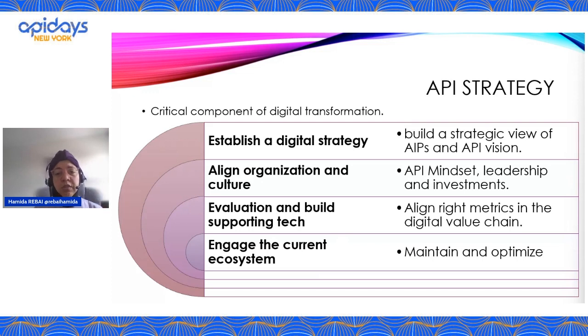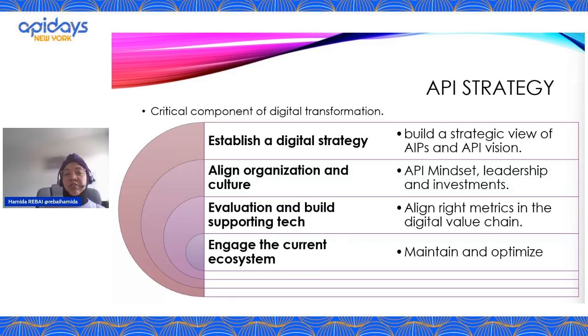In this case, we need to have the right metrics in the digital value chain. And we need to be engaged in the current ecosystem, which means that we need to maintain and optimize as you continue to use your updated application, monitor its performance and user feedback, and make ongoing updates and optimizations to improve its functionality and usability. So, this is about API strategy.